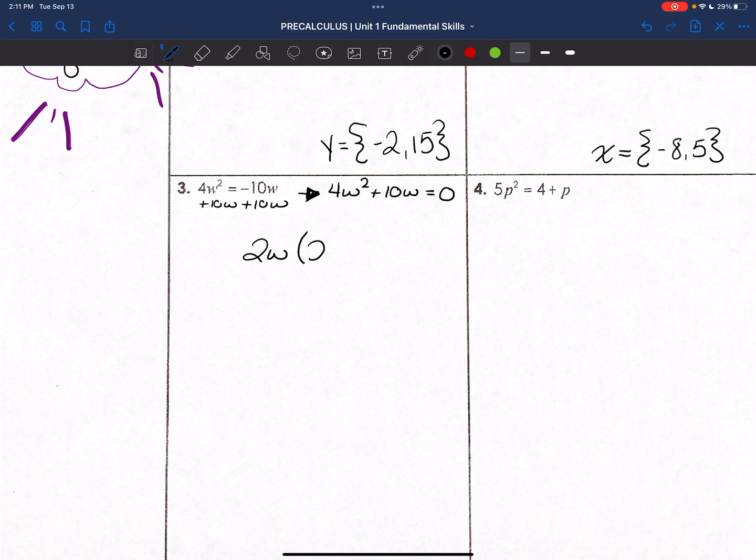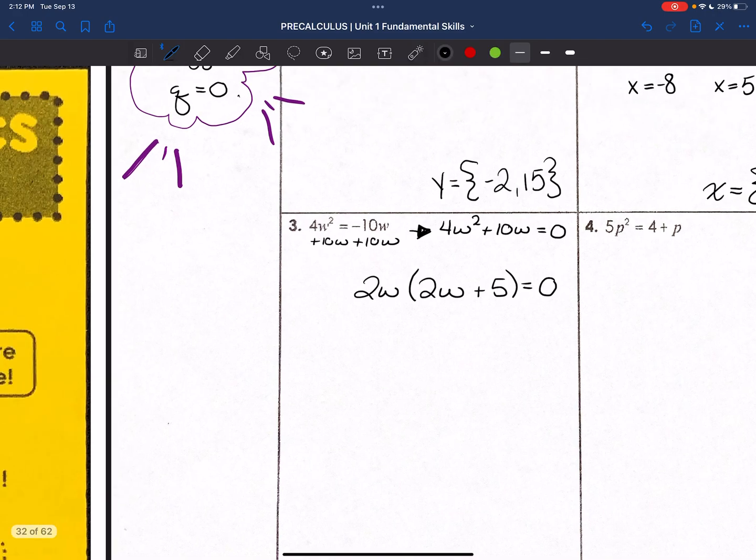Inside will remain a 2w and then plus 5. That is all equal to 0. All right, now, can we factor any further? Inside of the parentheses, can that be factored anymore? It cannot. It is linear. This has not been raised to any kind of exponent, so it is completely factored.